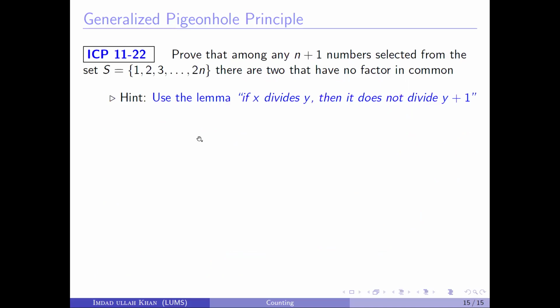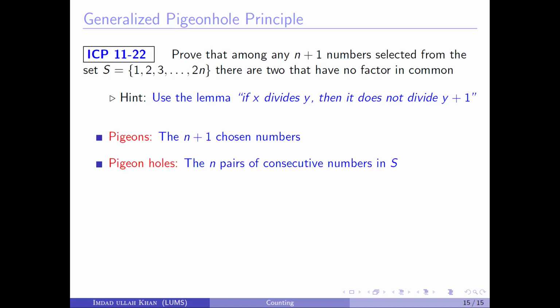The last ICP of the pigeonhole principle is: prove that among any n plus 1 numbers selected from the set of numbers from 1 to 2n, there are two that have no factor in common other than 1. So we use this fundamental lemma, which we have been using in one of our previous proofs.